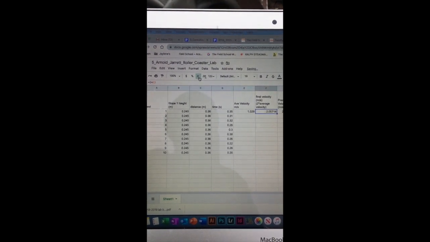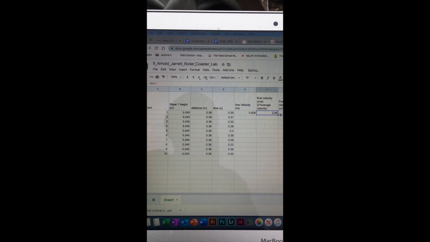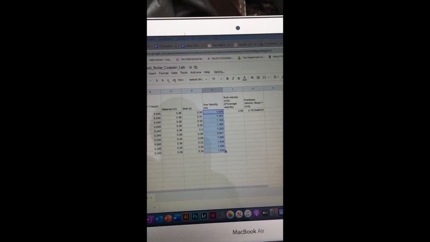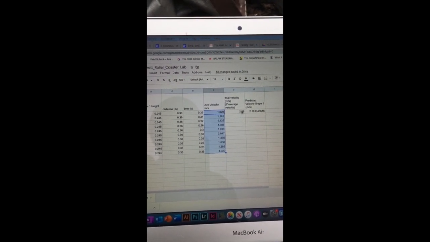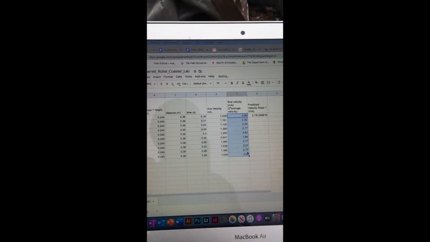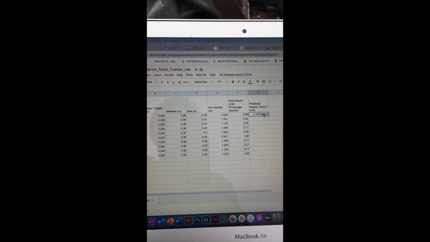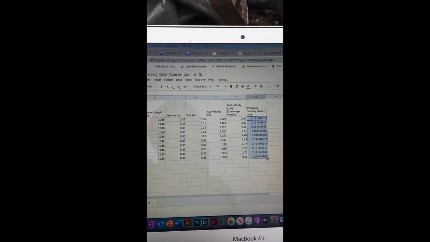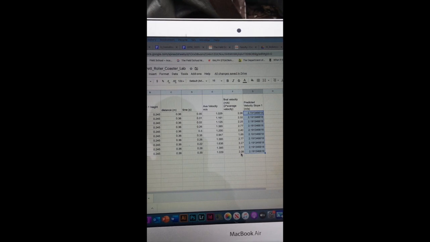None of the distances here should change. The height and the distance the ball travels are the same between trials. 2 times the average velocity should be 2 times that number there. And then my predicted velocity should be the same through every single one of these, actually, in meters per second.